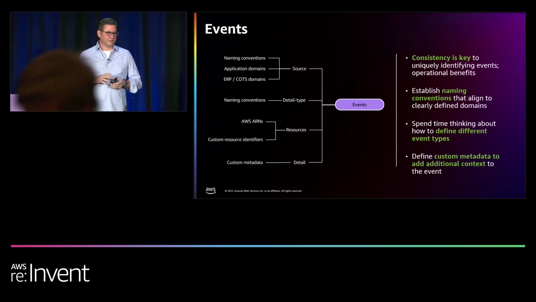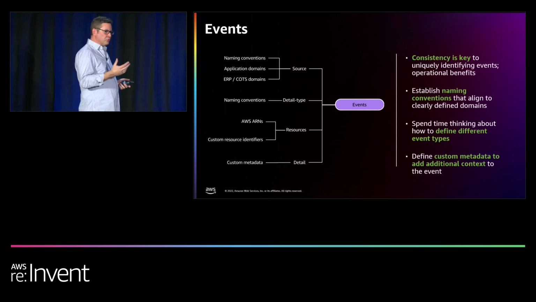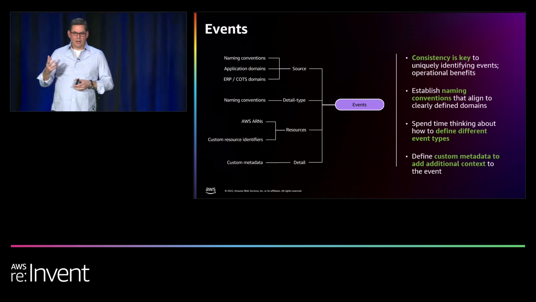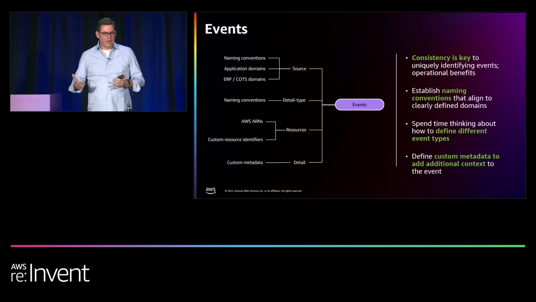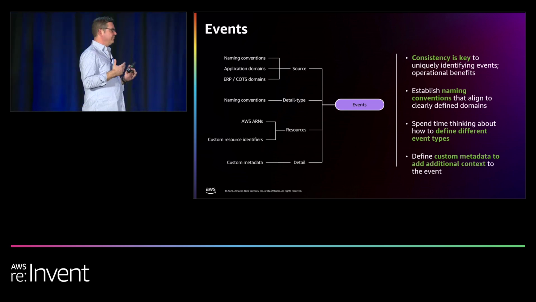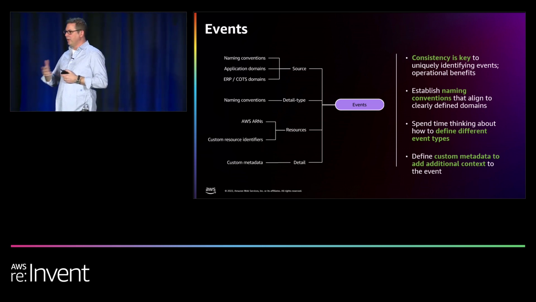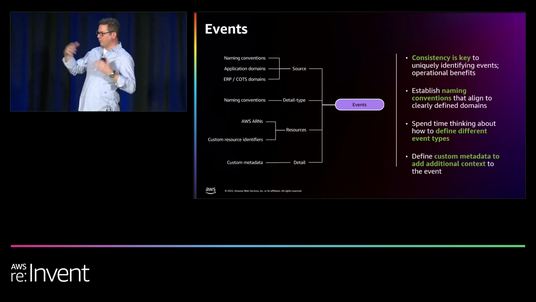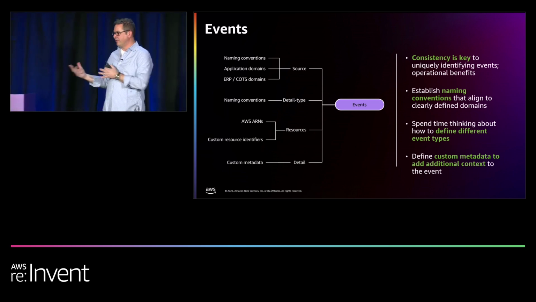Now, I know that sounds very simple, but when you think about fields such as the source and the detail type, they're really important parts of uniquely identifying an event as that flows through your architectures. And you should be able to look at these fields and be able to determine and uniquely identify where the event came from and what its intent is, without actually even looking at the data or the detail that that event has.